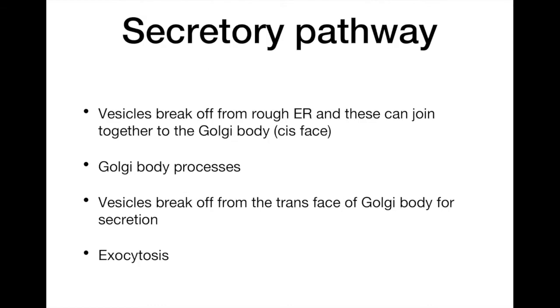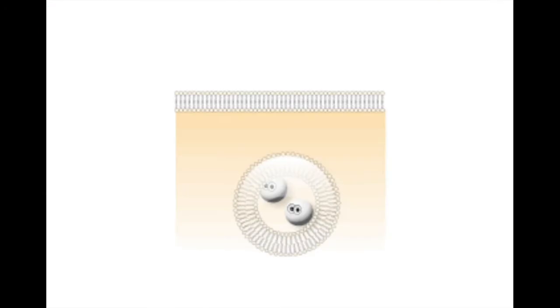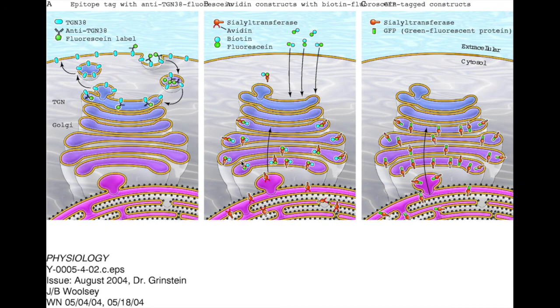The secretory pathway. Let me explain that to you. Here. You see, these are what? Proteins, okay? These dots are ribosomes.